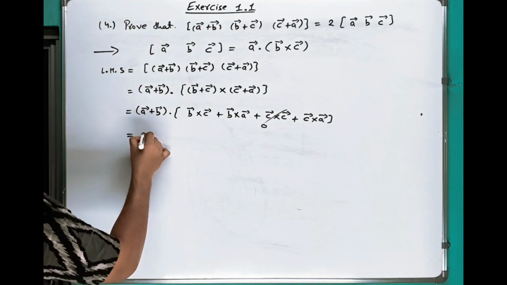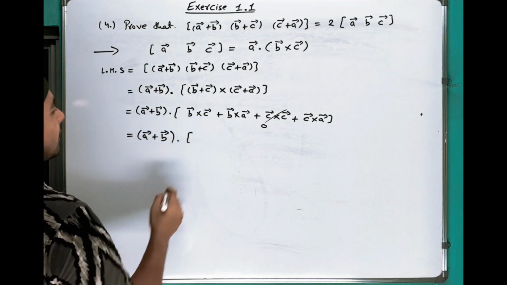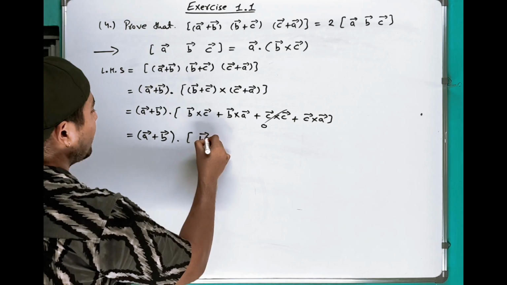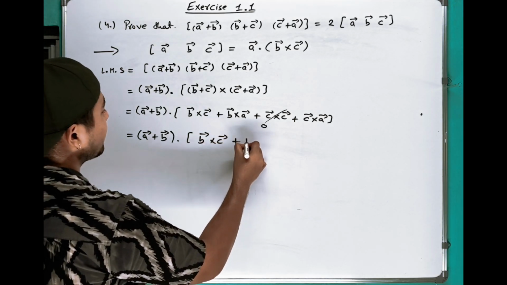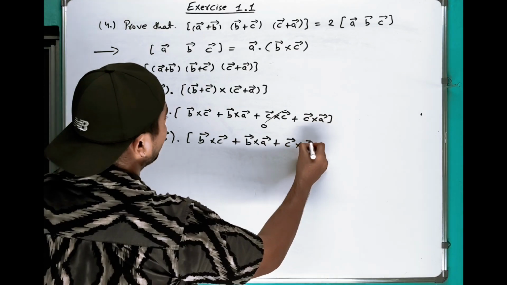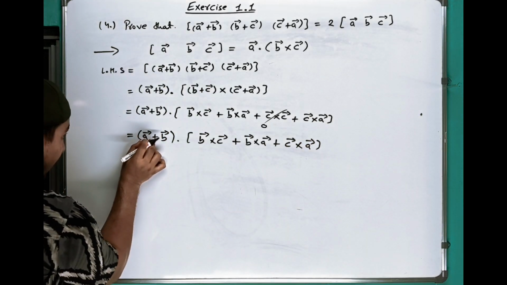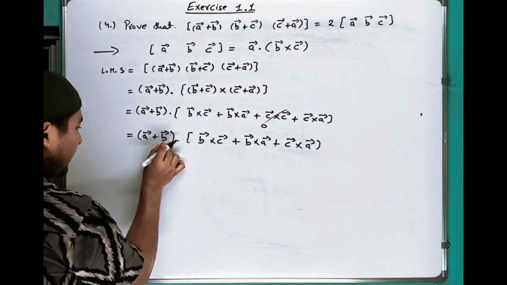So it is (a bar plus b bar) dot (b bar cross c bar plus b bar cross a bar plus c bar cross a bar). So let us multiply a vector with this and again b vector with this.